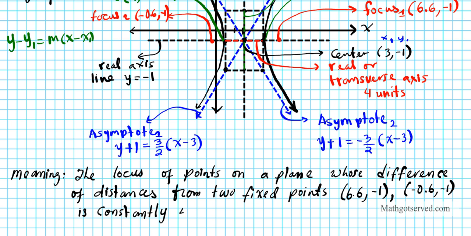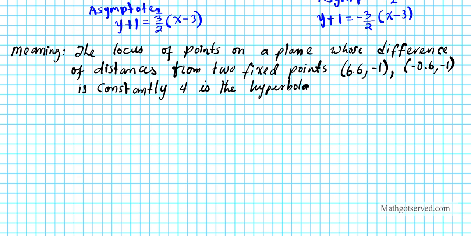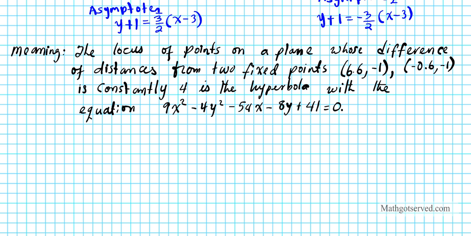It's constantly 4, is the hyperbola with the equation 9x squared minus 4y squared minus 54x minus 8y plus 41 equals 0. Okay, so there you have it.